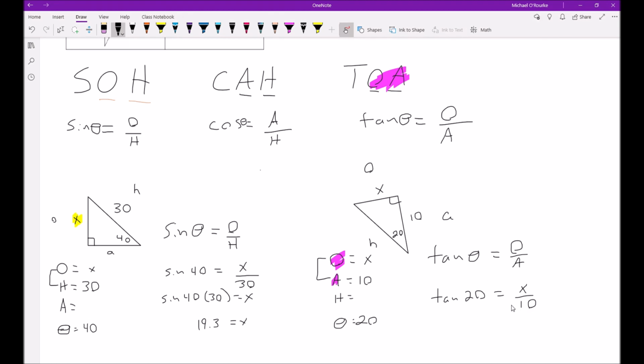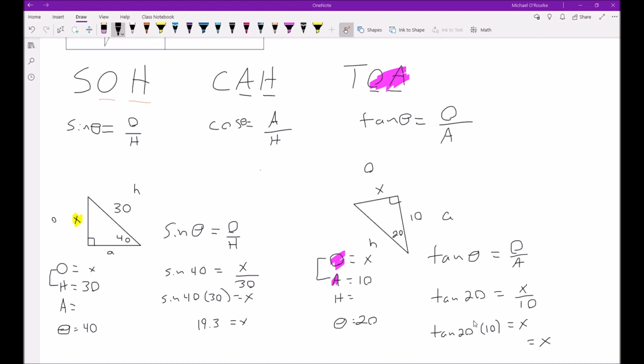So now I have to move this 10 over. It's a divide on this side, so it's going to come over and become a multiply. Tan 20 times 10 equals X. And then let's plug that in the calculator. So this will be 20. This time I'm going to hit the tan button. 20 tan times 10.